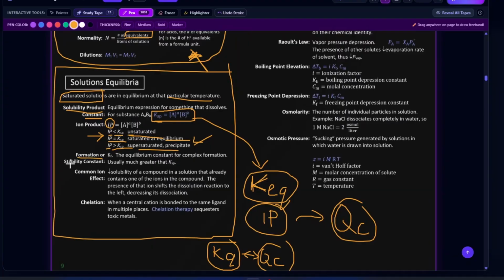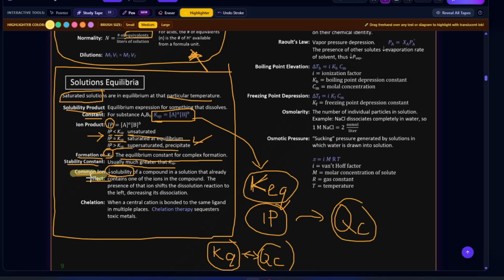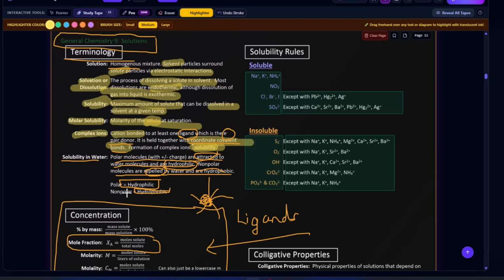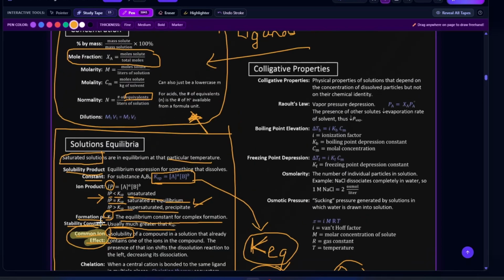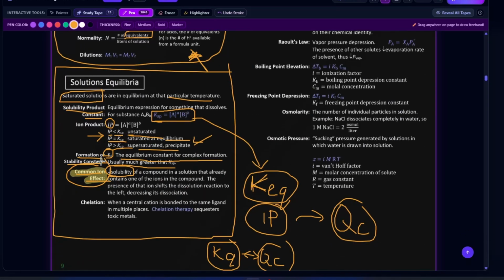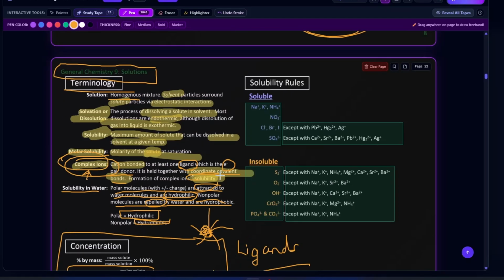And then the formation or stability constant is Kf, the equilibrium constant for complex formation, usually much greater than KSP. And then the common ion effect is important to know as well. It decreases solubility. One thing you should know is that the common ion effect is opposite to complex ions. It decreases solubility of a compound because complex ions increase solubility.